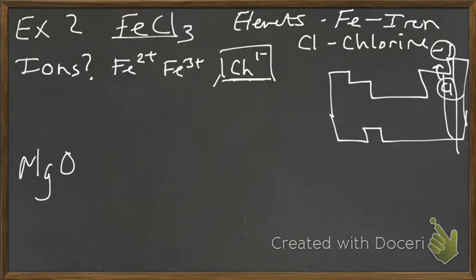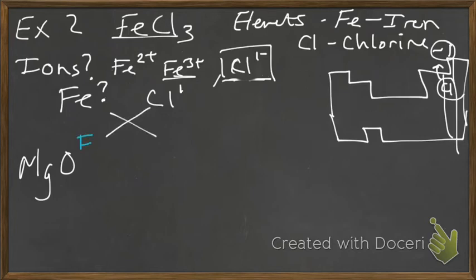So if I check that charge, I have to have the charges balance out. So Fe question mark Cl1. I actually wrote CH here, my mistake. Let me erase that. Cl. So if I do my cross multiplying, I'll end up with Fe1. Cl has to have 3.